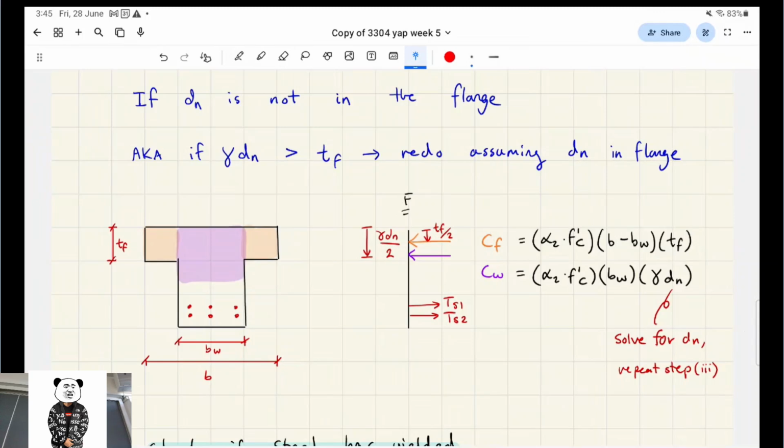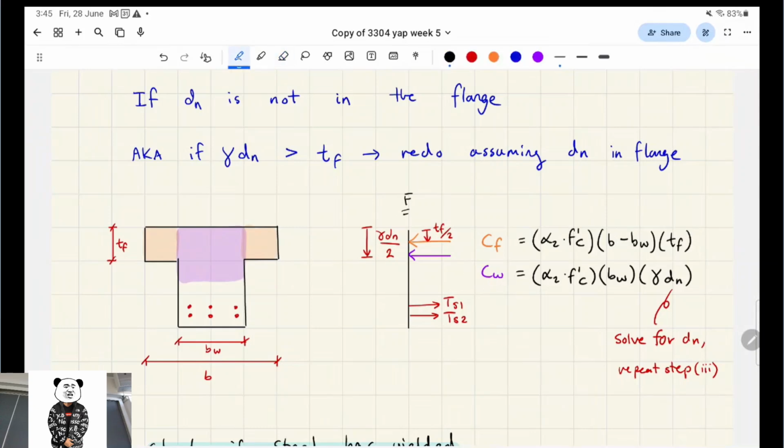So there's two ways you can split it up. You can split it up like this, right? And derive two different expressions for it, right? But to be honest, I found that this way is the better way to split it up. So CF is the compressive force of the flange, and then CW is the compressive force of the web, right?